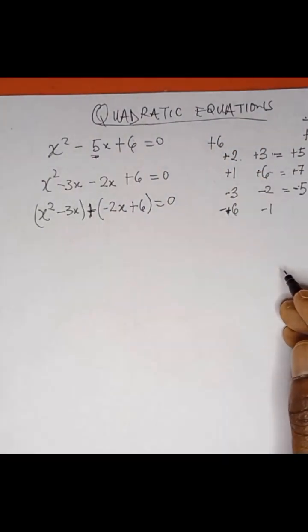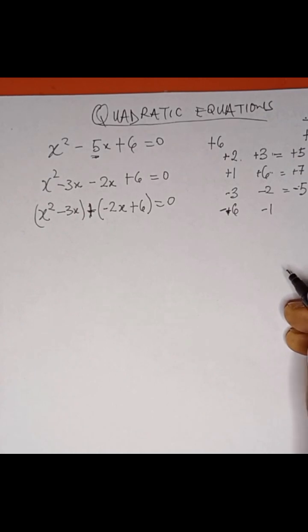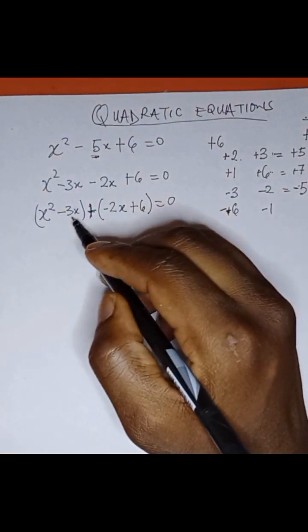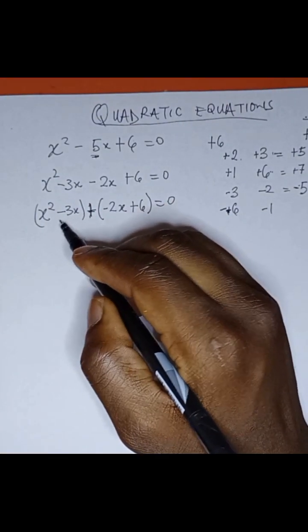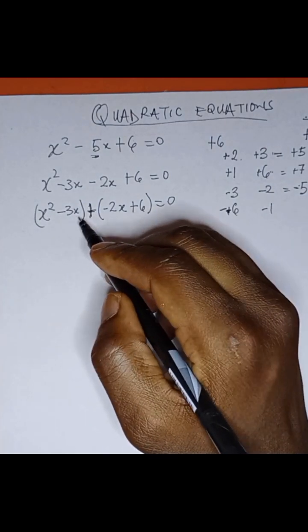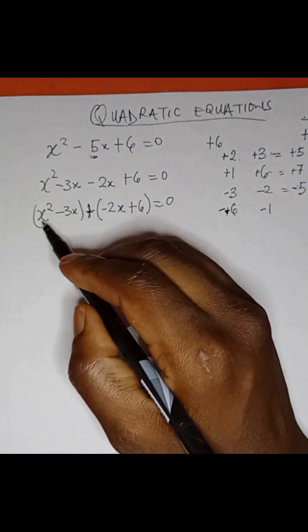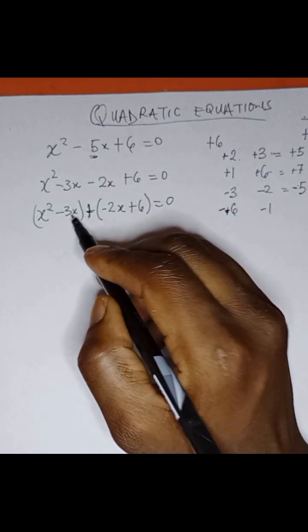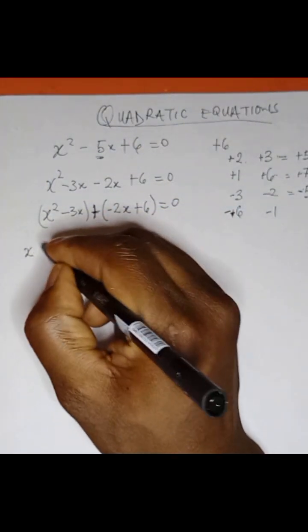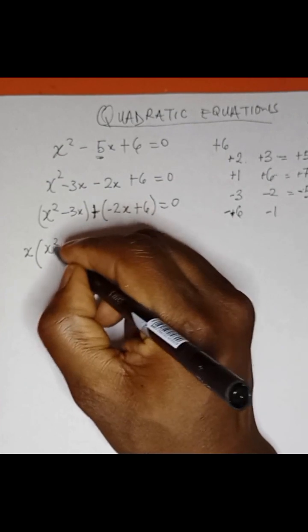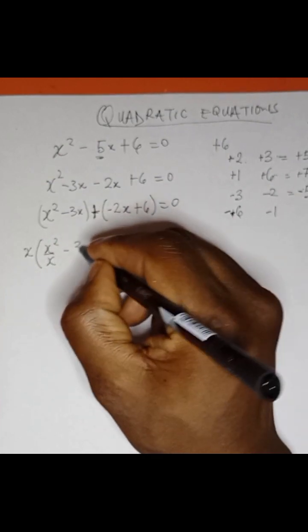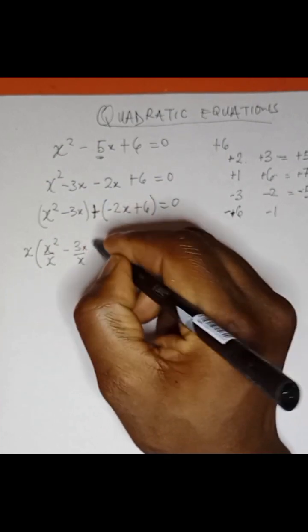Now the next thing is to actually factorize. I'll look at the terms inside each bracket. What is common to x squared and minus 3x? x can divide this and x can also divide this. So I bring that x outside and say x squared over x, minus 3x over x.